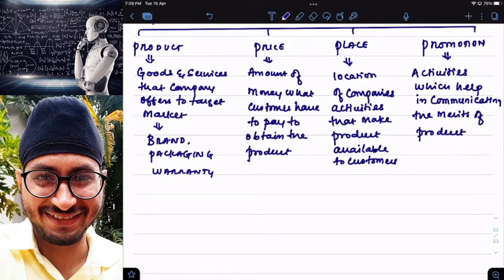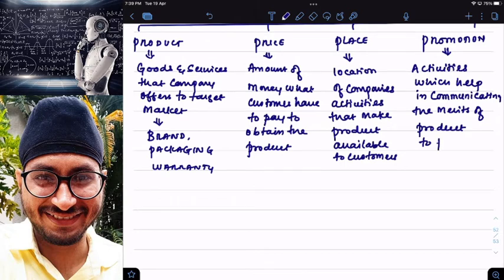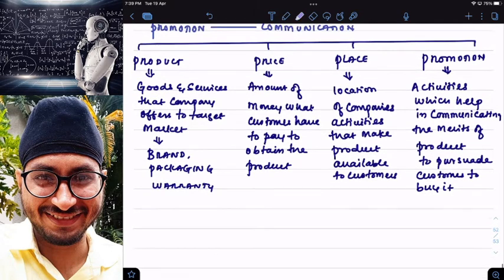Clear? I repeat, activities which help in what? Communicating the merits of a product to persuade customers to buy it. Simple. I am clear. During promotion, always remember, company always tells only and only about the positive points about the product. No company will tell you the negative points about the product. Clear?